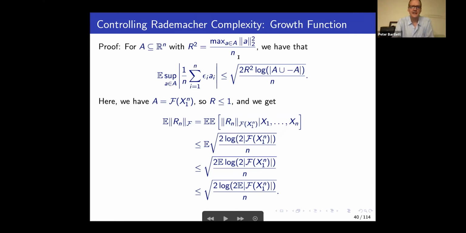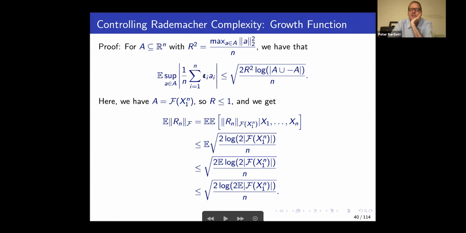I've put some scaling in here divided by n, because we're considering these vectors of length n. So this is sort of a scaling linearly with n kind of quantity. So this is the sort of maximum scale of our set.